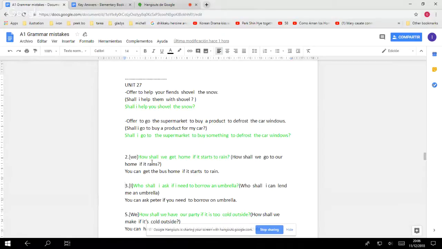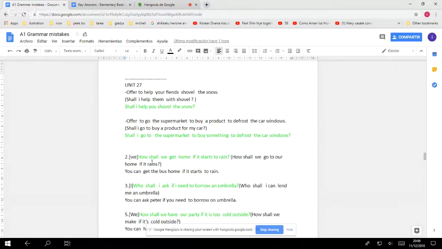Why I can see. Shall I let me an umbrella? But it's borrowed. But in this you use I ask if I need to borrow an umbrella. Why?